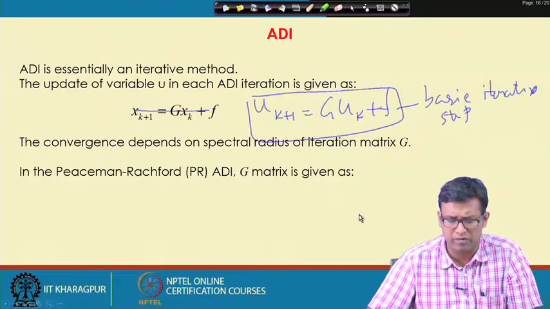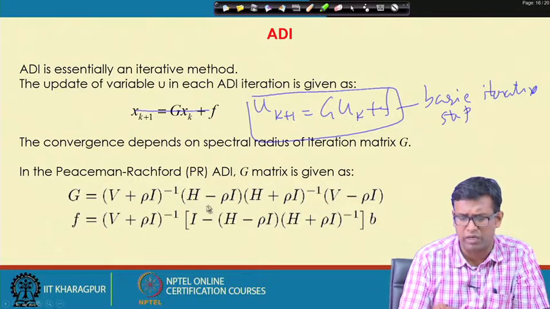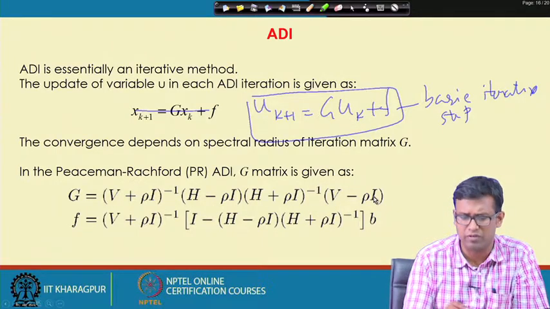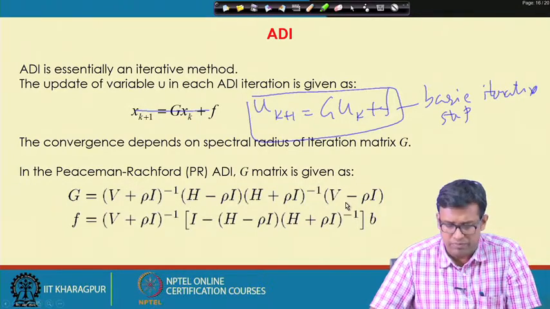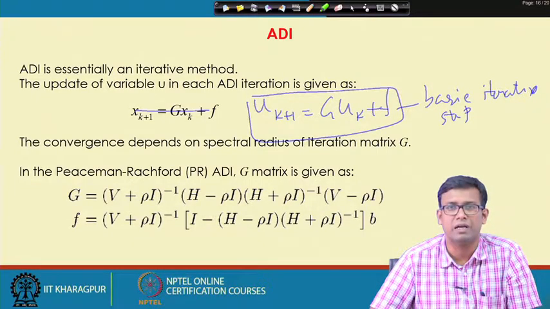In the Peaceman-Rachford scheme, the G matrix is given as G is equal to (V plus rho I) inverse (H minus rho I) (H plus rho I) inverse (V minus rho I). So, if rho is equal to 0, this is V inverse H inverse V, something like that, which will be very difficult to converge, because H inverse will give us 1 and V inverse will give us 1.